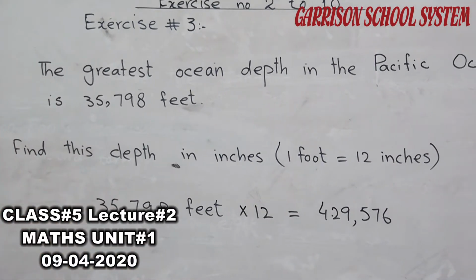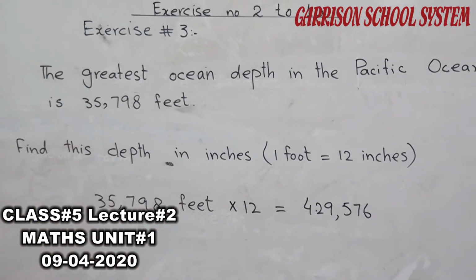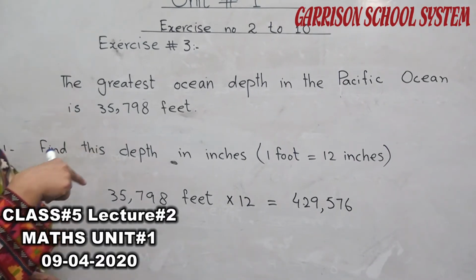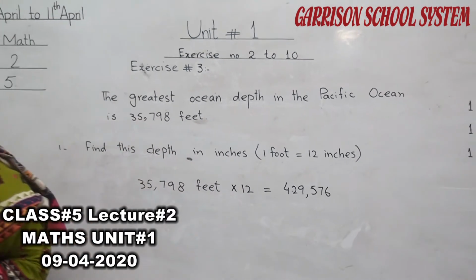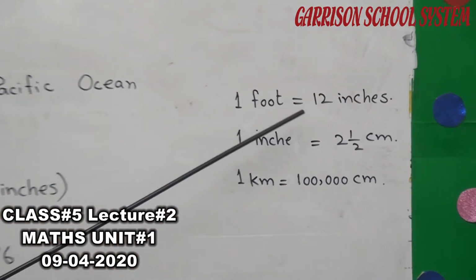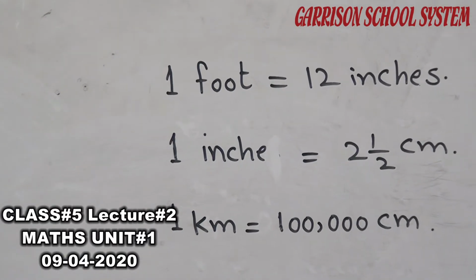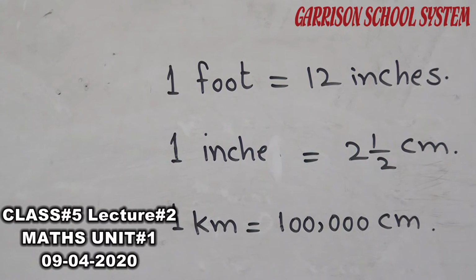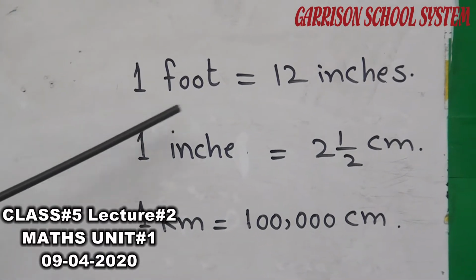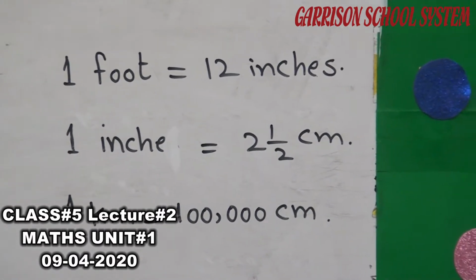So when we convert into inches, what can we do? Because 1 foot is equal to 12 inches, as I have written there, 1 foot is equal to 12 inches. So 2 feet is equal to 24 inches. It means we multiply by 12 to solve this question.